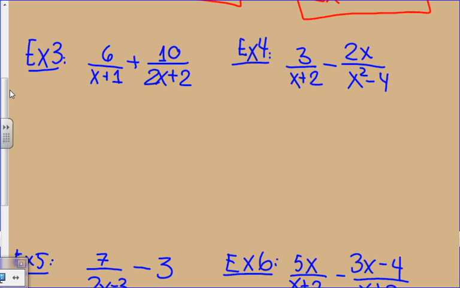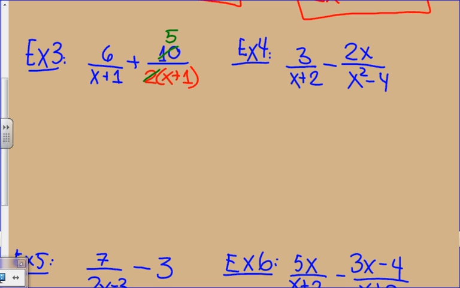All right, number 3. I'll use my tip on this one. Look at the fraction on the right. The numerator and denominator are both constants, so you can divide both of them by 2 to leave 5 and 1.